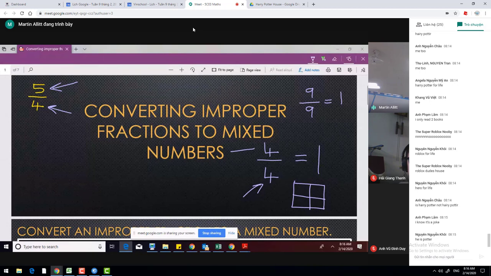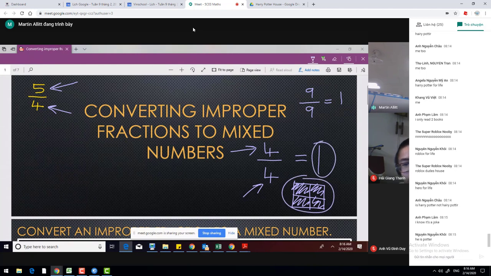Well, this top number tells me how many of those pieces I choose. Well, if I choose 1, 2, 3, 4 of those pieces, now I've chosen all of it. I've chosen the whole square. I've chosen 1 square. So if the numerator, the top number, is the same as the bottom number, the denominator, then we have 1. It must be 1.